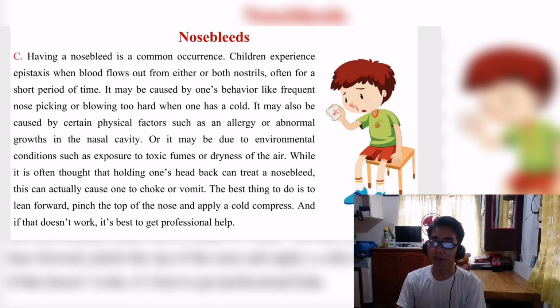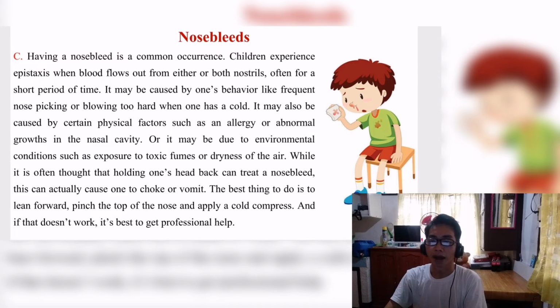And now let's go to the third and the last passage of this reading activity, which is nosebleeds. Having a nosebleed is a common occurrence. Children experience epistaxis when blood flows out from either or both nostrils, often for a short period of time.